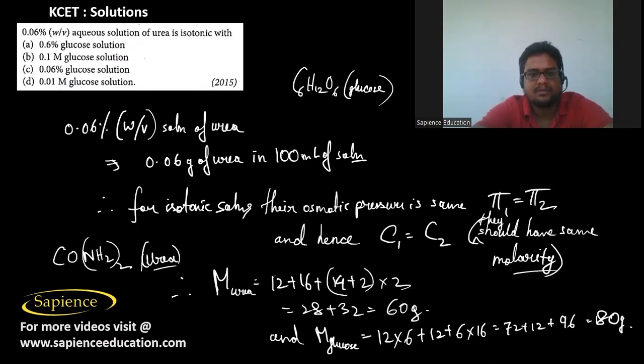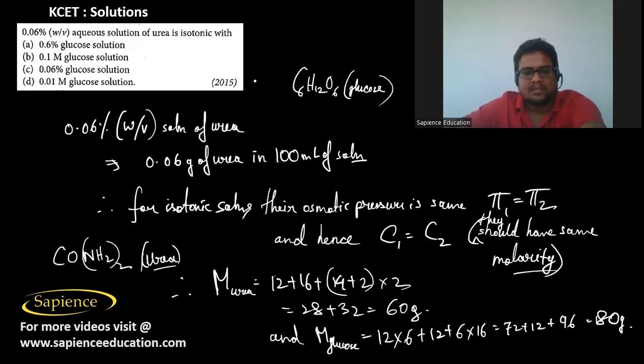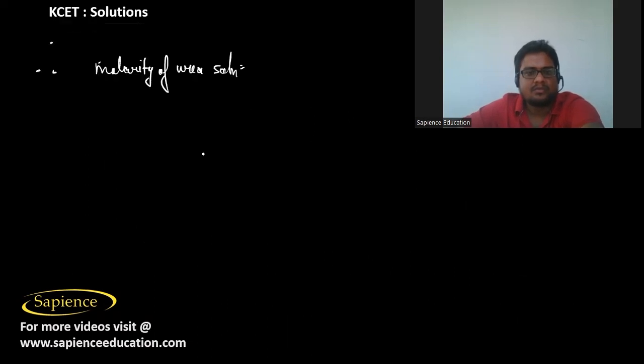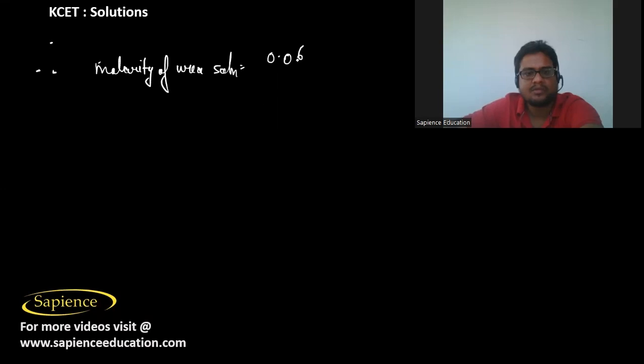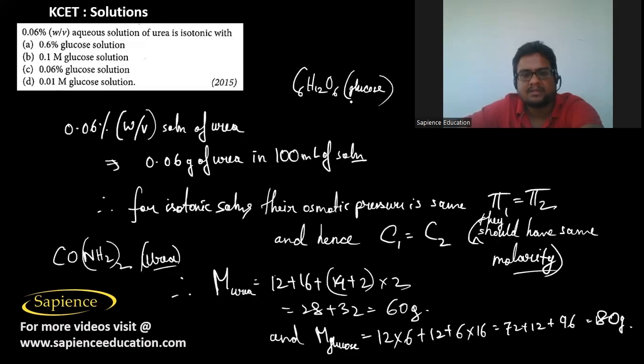Now, therefore, the molarity of the urea solution will be equal to the number of moles of urea. The given mass of urea is 0.06 grams. So 0.06 by 60, that is the molar mass of urea, divided by 100 ml.